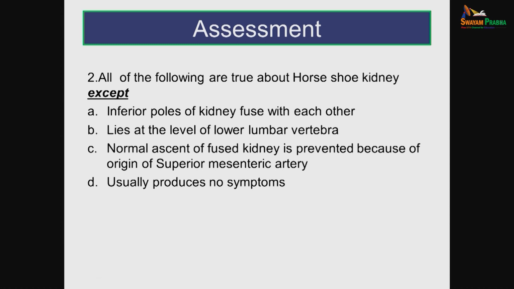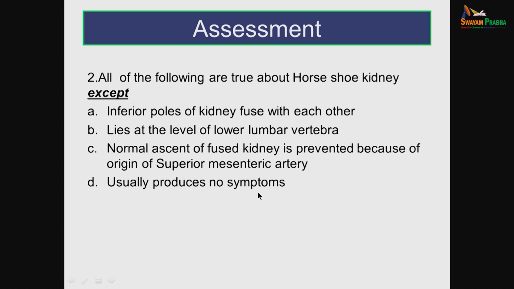As we have already studied, in the horseshoe kidney the lower poles are fused with each other. This is true. It usually lies at the level of lower lumbar vertebra because the ascent is prevented by the origin of the inferior mesenteric artery, because the inferior mesenteric artery arises at the level of L3 vertebra.